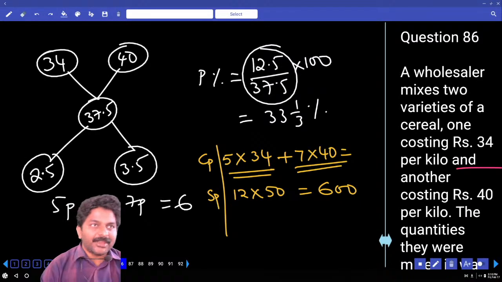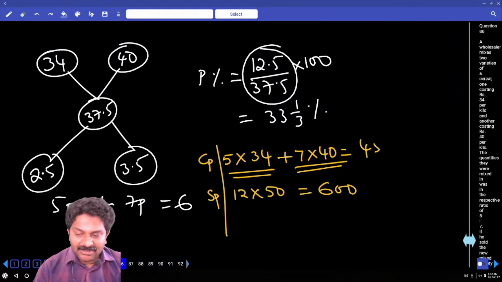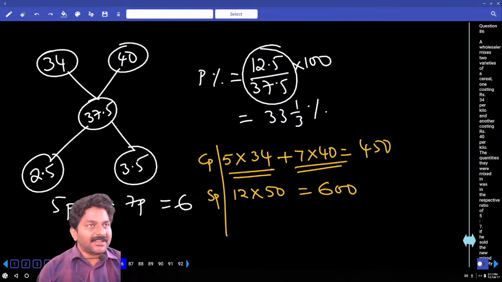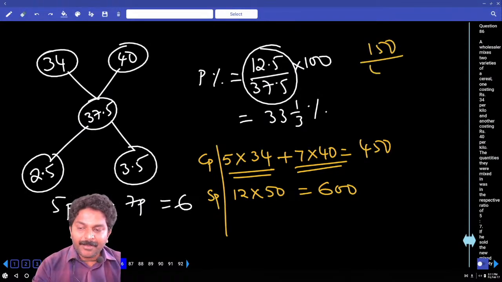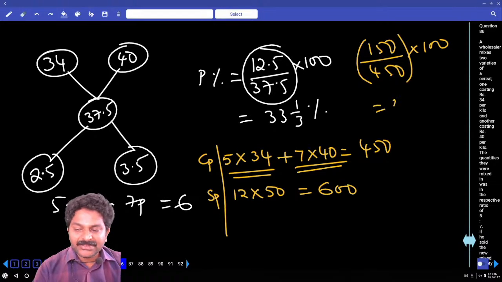How much is this? 280. Total 450 is cost price. 600 is selling price. 150 profit upon cost price 450 into 100. In fractional form, the number inside the bracket is 1/3, which is 33 1/3%.